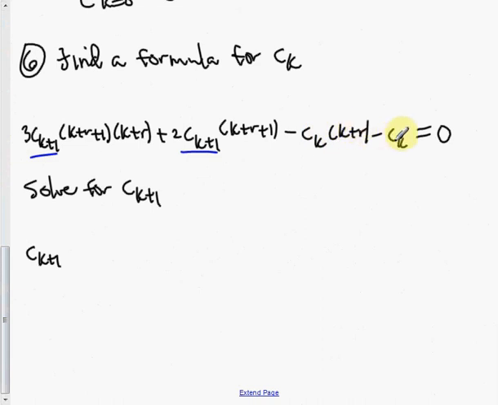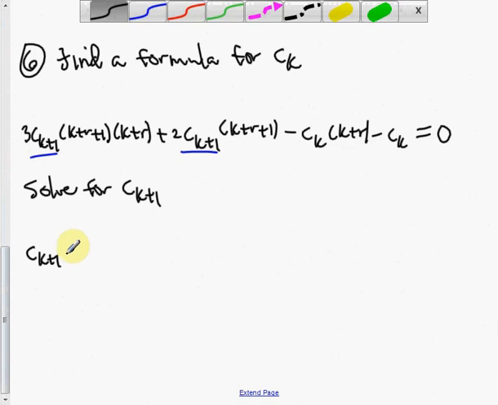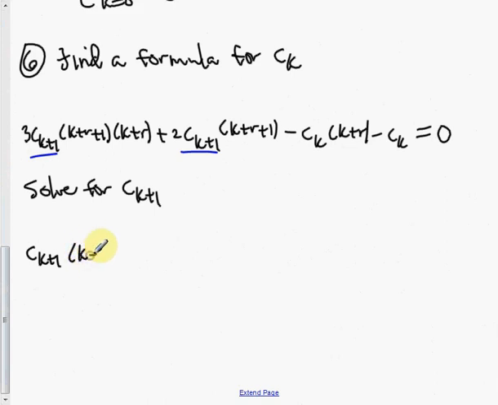I'm going to add c sub k to both sides. So we get those two last terms on the right side. What I have common with these two terms is a c sub k plus 1 and also a k plus r plus 1. I'm going to factor out that k plus r plus 1 from here and there as well. So this is times k plus r plus 1.